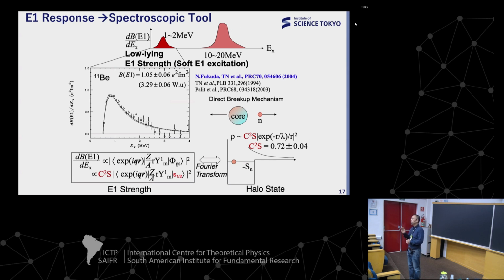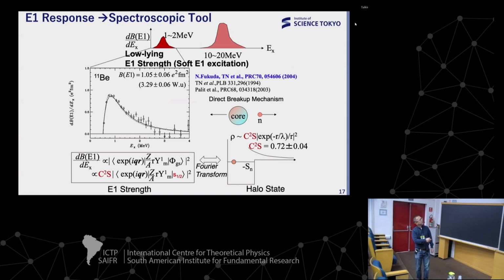Right. But if it goes to the bound state, the final state becomes beryllium 11. So it's not the breakup. Yeah. And this was also measured. This E1 strength was also measured in different experiments. Actually, we measured it also. We have some publication. I think it was 0.1 e square femtometer square or something, 10%.